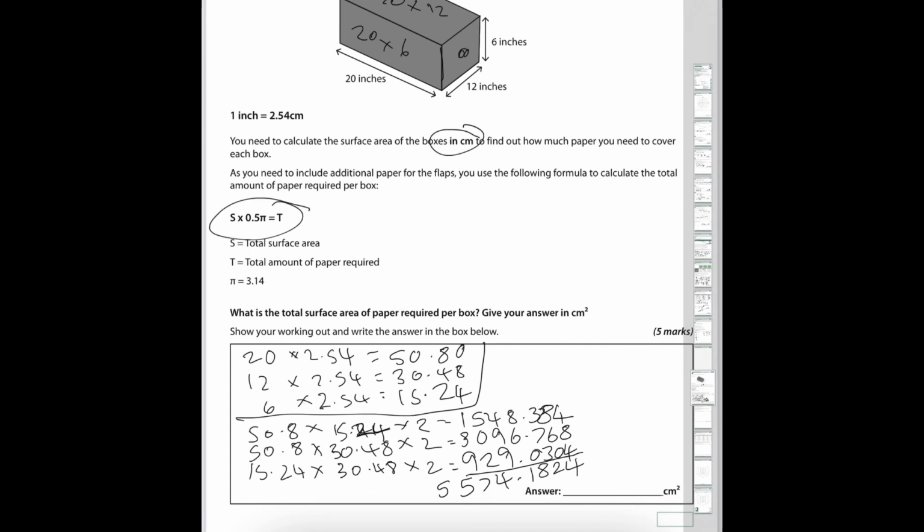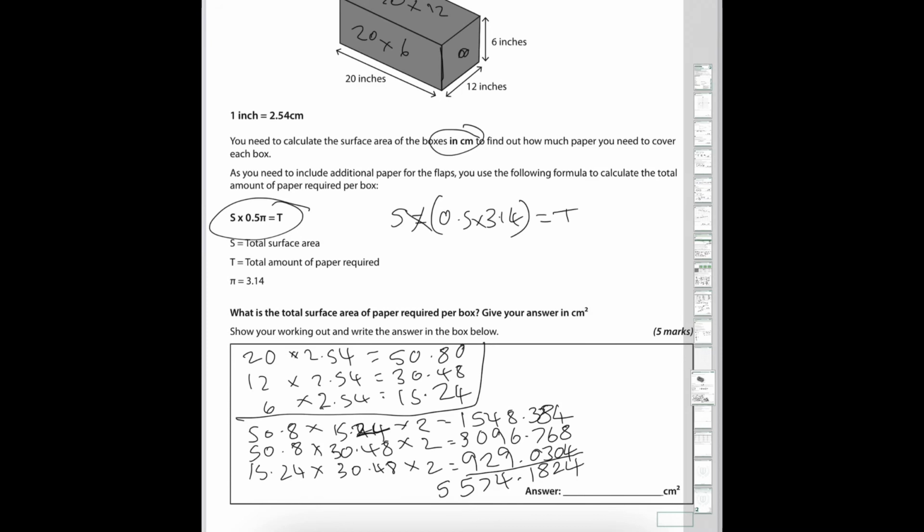So now we need to work out this formula to work out the area needed with the extra on. So n is pi, so let's just do this up here while we've got it next to it. So s times 0.5 times 3.14 equals t.